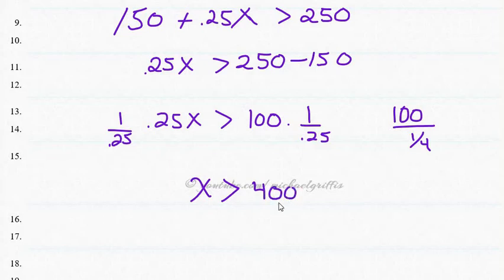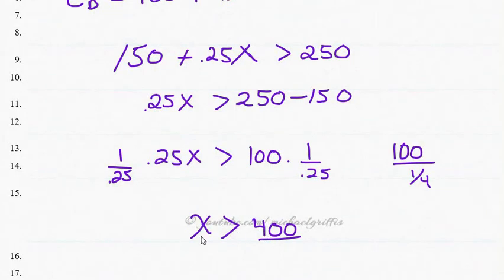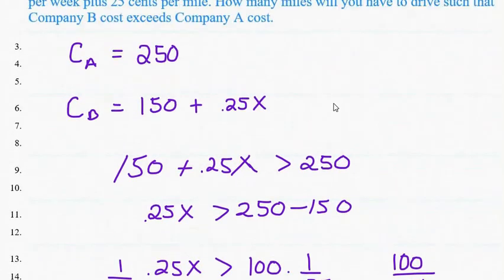So as you can see here, if we have to drive over 400 miles, what's going to be the better deal? Right? Obviously, that guy's going to be the better deal if x is greater than 400.